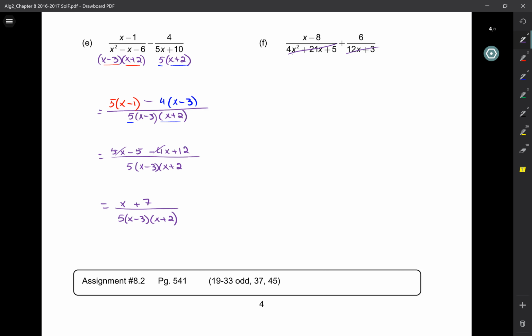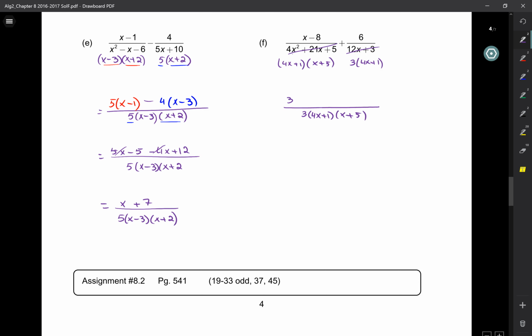Okay, so how do we factor this first one? 4x plus 1, x plus 5. And this one is 3 times 4x plus 1. So the common denominator is 3, 4x plus 1, x plus 5. Okay, so in the first case, what's left over between the two?